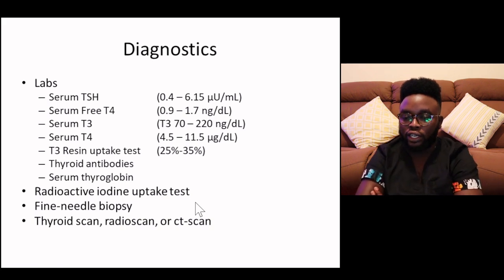We also have to do a radioactive iodine uptake test to rule out any thyroid disease, and also fine needle biopsy to rule out any form of cancerous tumors. They also do a thyroid scan or a radio scan, as well as a CT scan to be able to rule out any condition affecting the thyroid gland.